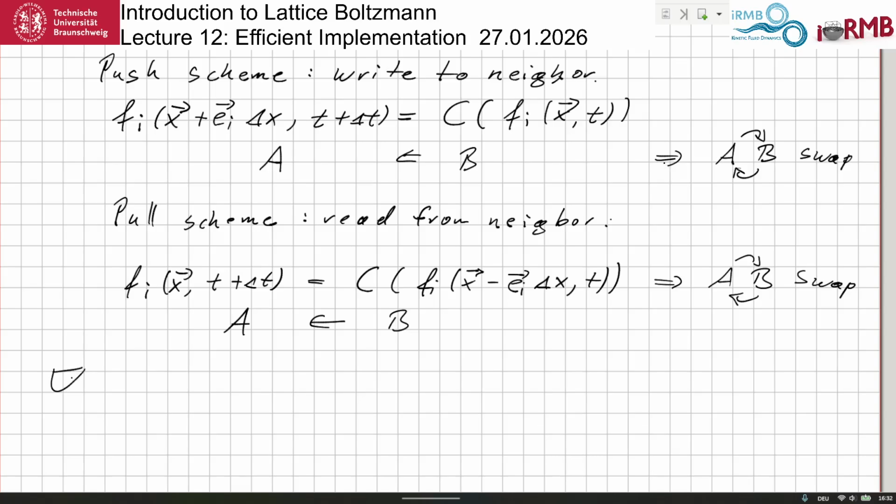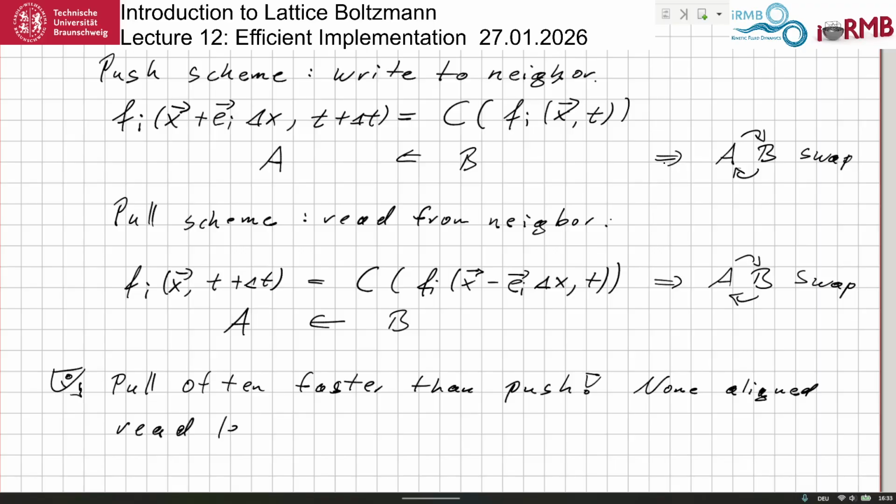Now, the push scheme is usually a little bit simpler to visualize. This is why we also implemented it this way. The pull scheme is often faster than push. The reason for this is that non-cache aligned reads are less expensive than non-cache aligned writes.